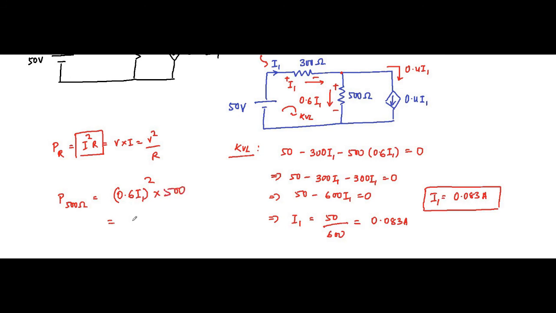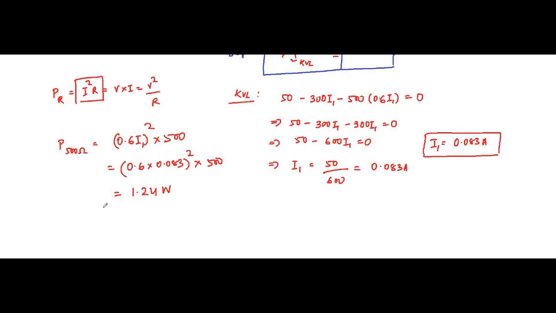So it will be 0.6 into 0.083 whole square into 500, because I1 is what we calculated. Let us calculate how much it is coming. It is coming around 1.24 watts. This is the power dissipated in the 500 ohm resistor.